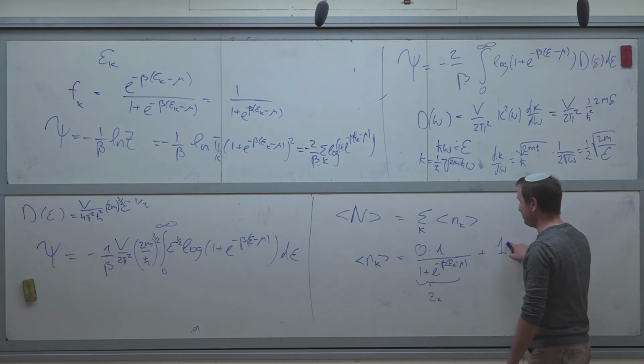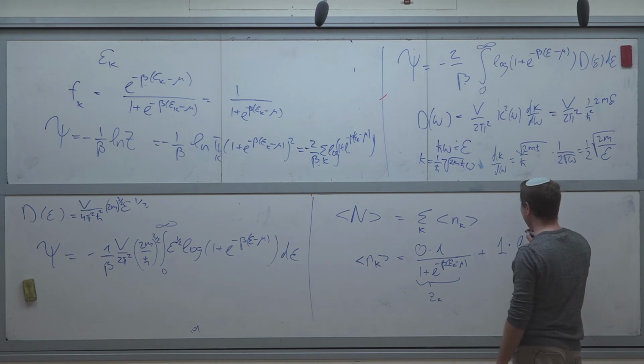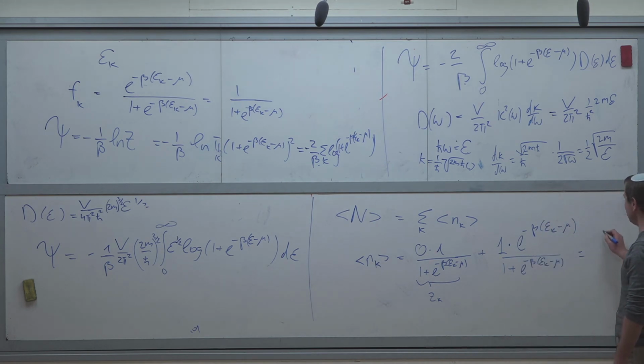Plus 1 when this energy is occupied, multiplied by e to the power minus beta (epsilon_k minus mu) divided by 1 plus e to the power minus beta (epsilon_k minus mu). And we obtain that this is simply 1 over 1 plus e to the power beta (epsilon_k minus mu). Okay? So the average number of particles for a given state is simply the probability of this state to be occupied. Okay?